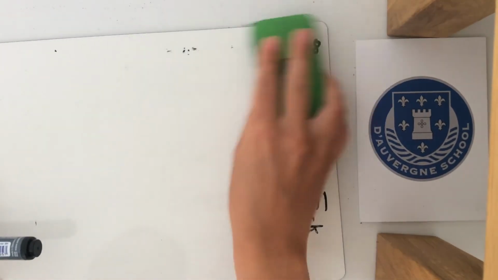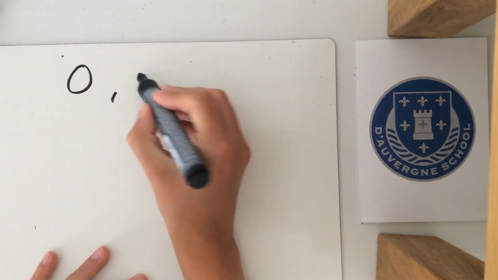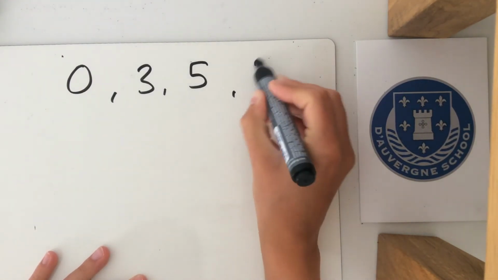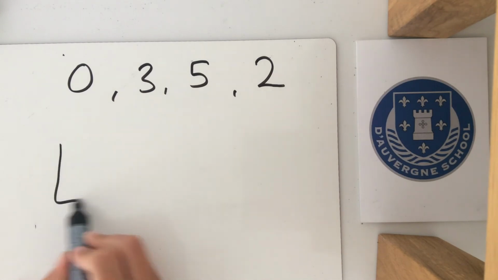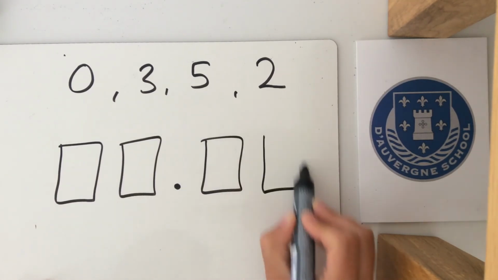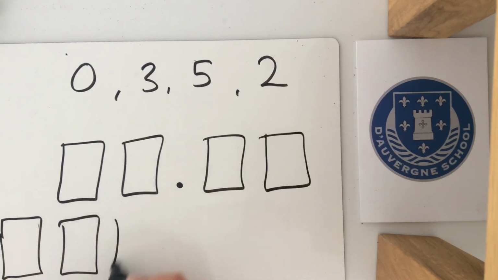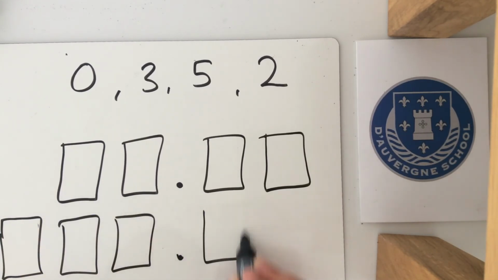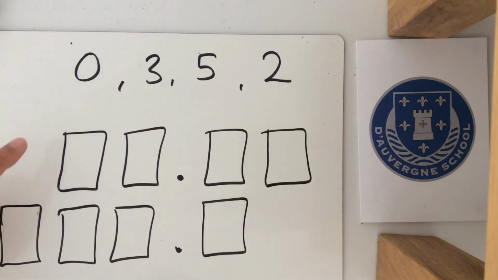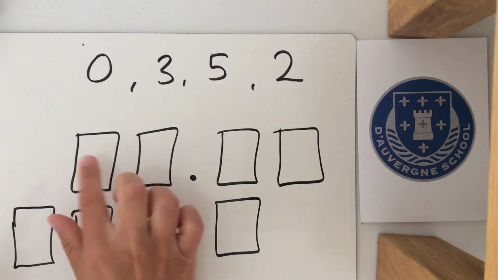And lastly, question 3, we've got the digits 0, 3, 5 and 2, and we need to pop them into these spaces to make the greatest possible numbers. Okay, so we know that when we compare numbers, we know the biggest from looking at the tens column first.